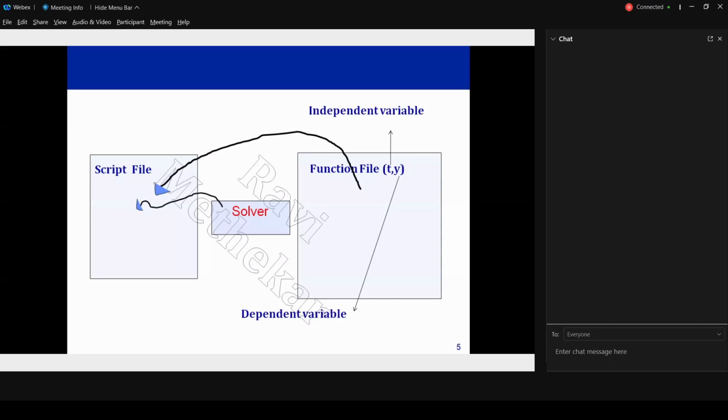It takes all that data and goes into the function file, substitutes the data which it brought from the slots of the syntax, and whenever this data is required downstream, it puts that data in and solves, and then comes back again to the solver. The solver tries to solve until it reaches the end of the time span. So this is the way the information flows.